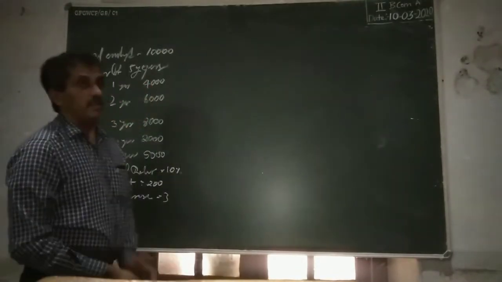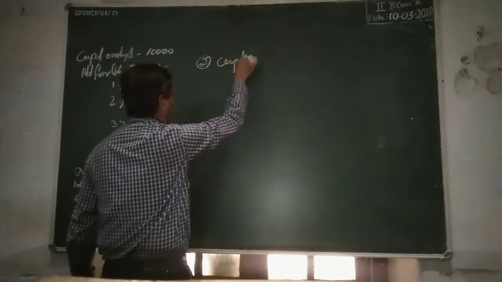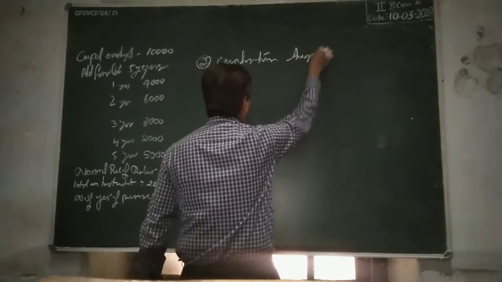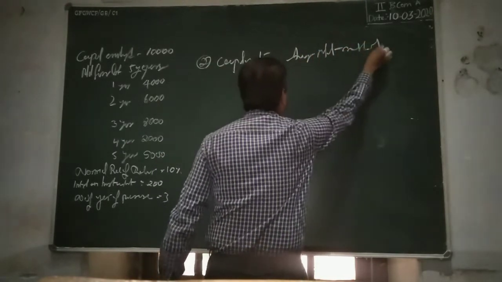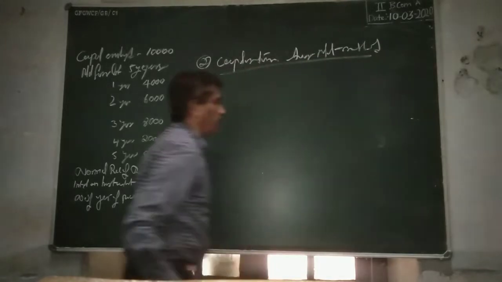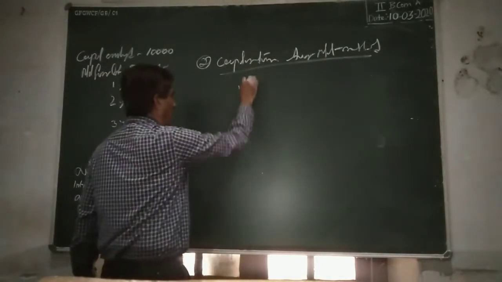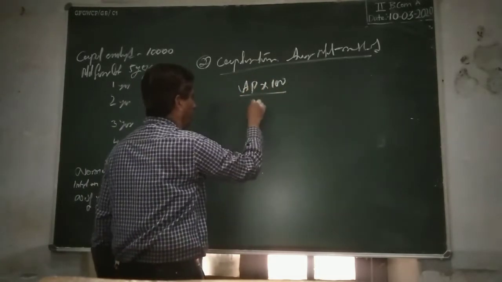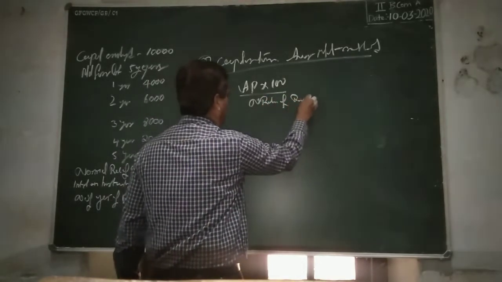Now, the second method here is the capitalization of average profit method. The formula here is average profit into 100 divided by normal rate of return.